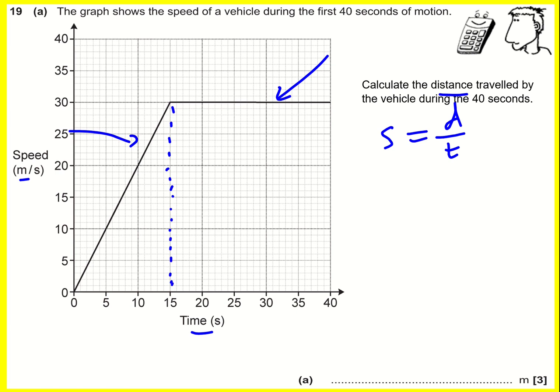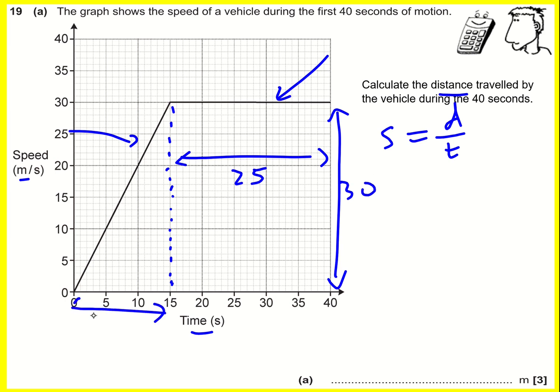So we can split it into a rectangle and a triangle. Now the rectangle is going from 15 to 40, so it has width of 25 and it has a height of 30. And meanwhile the triangle has a width of 15 and also a height of 30.